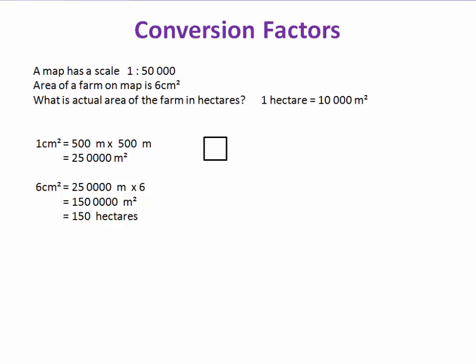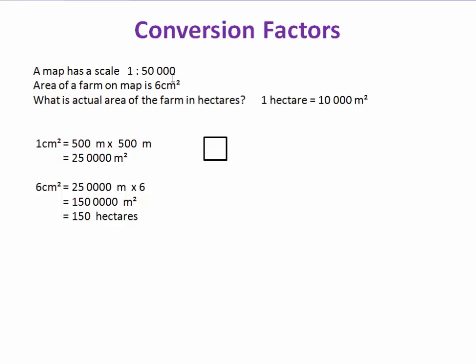We're told that a map has a scale of 1 to 50,000. We've worked out that the area of a farm on the map is 6 centimeters squared. What's the actual area of the farm in hectares in real life? Well, we want to get a unit first and then work out 6 units.